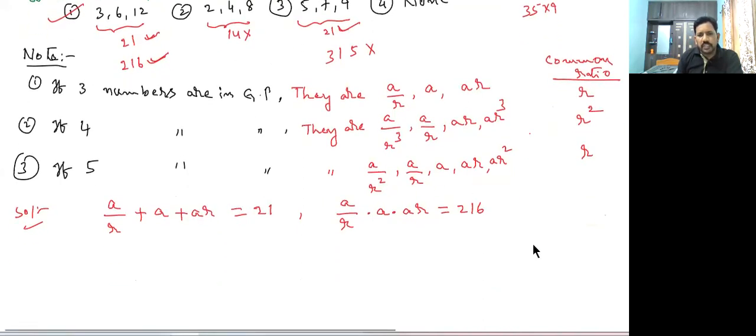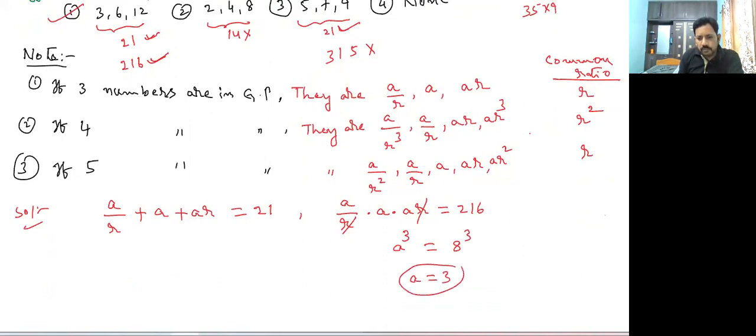Go to this method. Here observe, r cancels, a into a cube, a into a into a, a cube. 216 means 6 cube. What is a value? A value is 6. Now here substitute, a common.